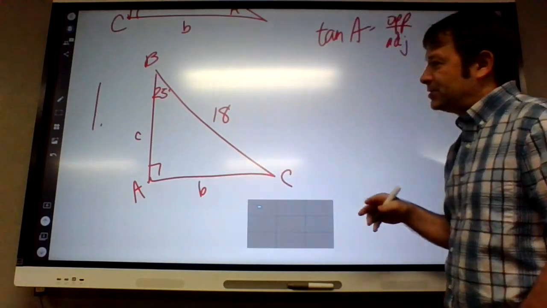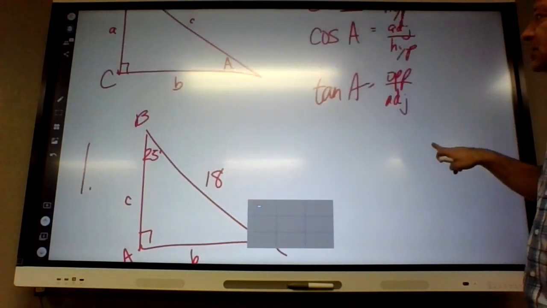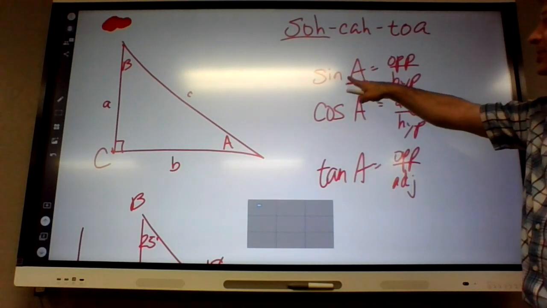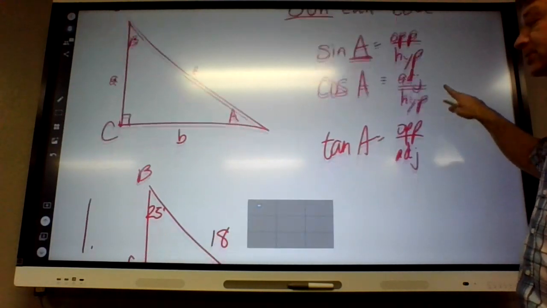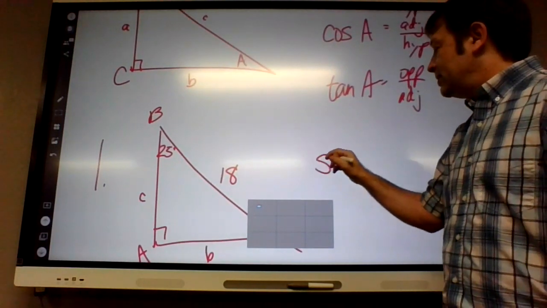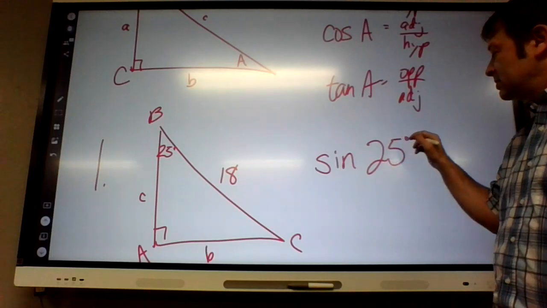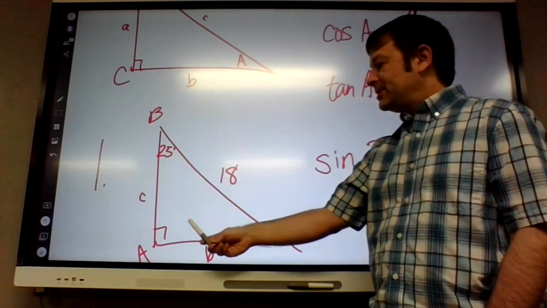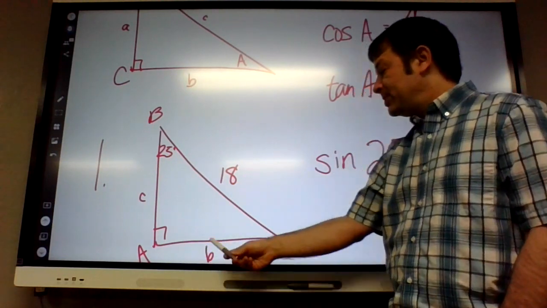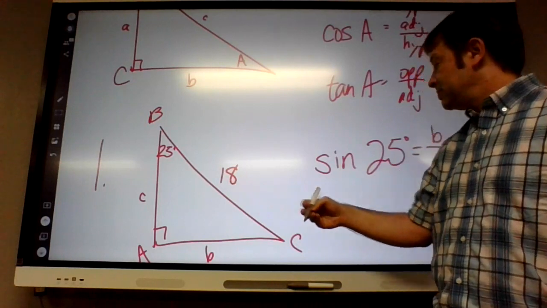Which trig function deals with opposite and hypotenuse? Sine. So it should be sine of that angle equals the opposite over the hypotenuse. So sine of 25 degrees equals the opposite, which would be b, the unknown, over the hypotenuse, which is 18.